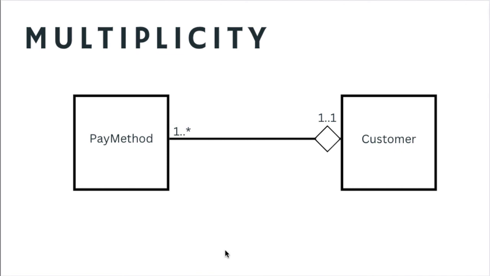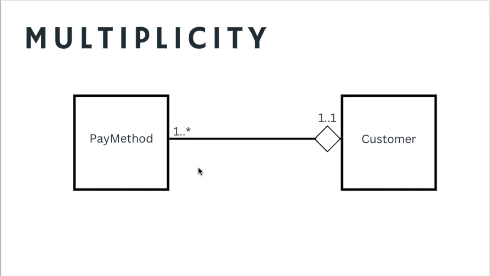Well, this implies to me that the pay method was given upon the account creation. In order to even create that account, we needed a pay method, and that's why it has to have a 1. If the account was created but didn't require a pay method upon creation, then this might be 0 or many, because the account can exist without that pay method.